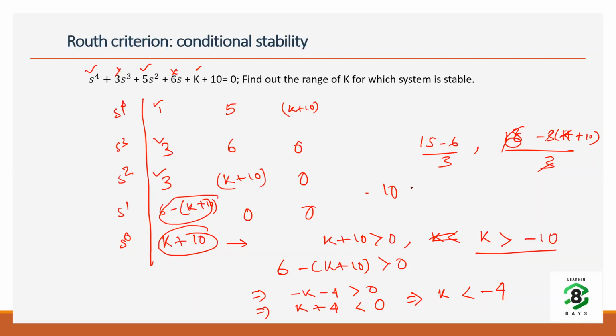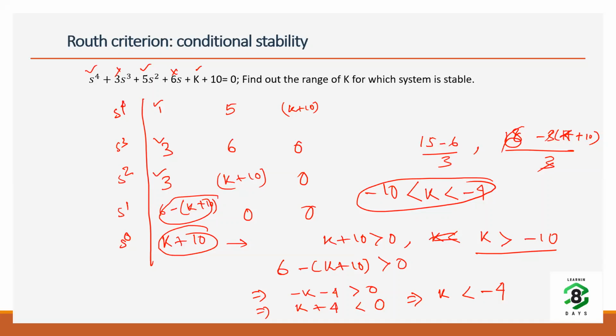So you have to design k within this boundary. When you are developing a control system and you have a parameter like this, you make sure the parameters are tuned or controlled within this range. If you can design k between minus 10 and minus 4, your system is stable.